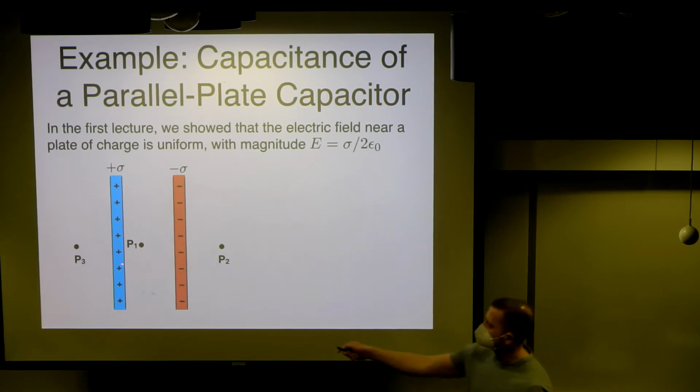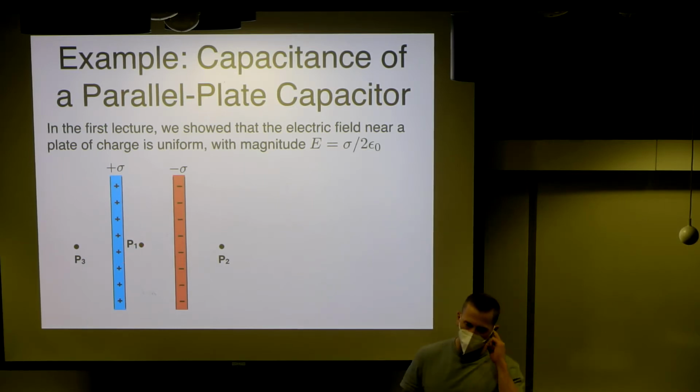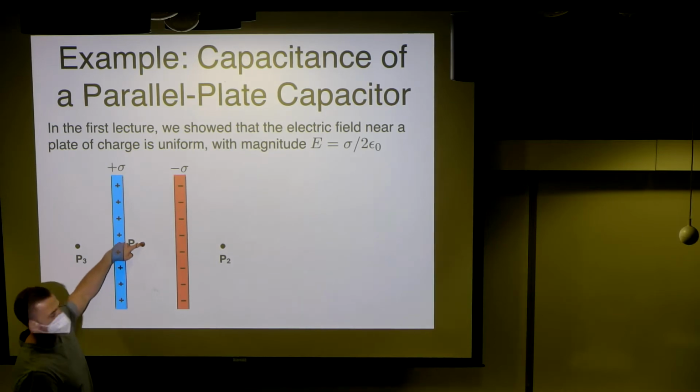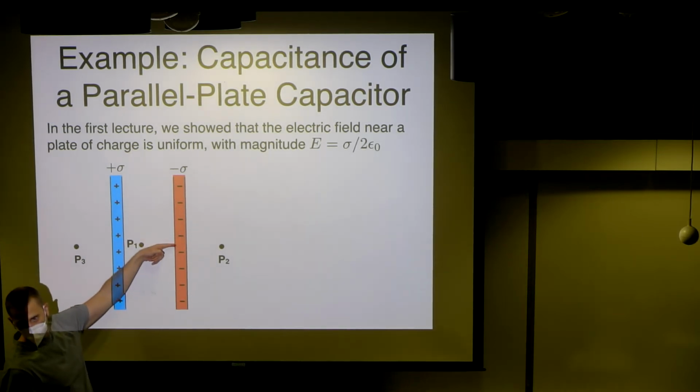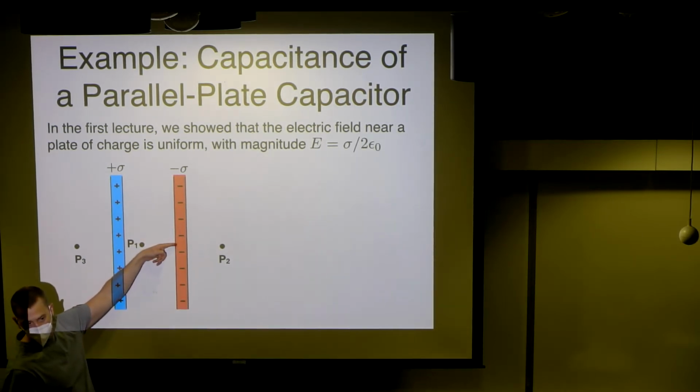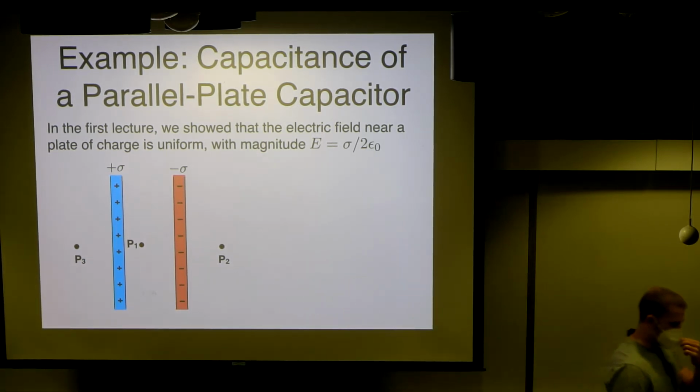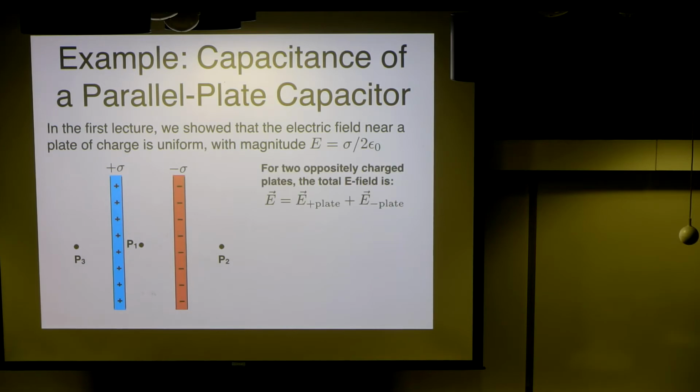Right, it should be pointing away from this positively charged plate, so it's pointing to the right at point 1. What about for the negative plate? If we're right here, we're going to have an E field also pointing to the right, because it's going towards the negative plate. Remember, E fields go away from positive charges towards negative charges.